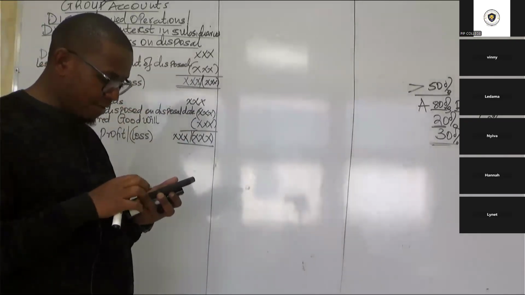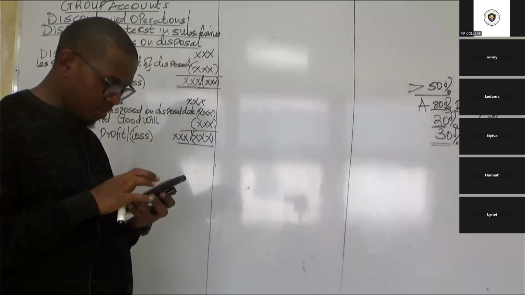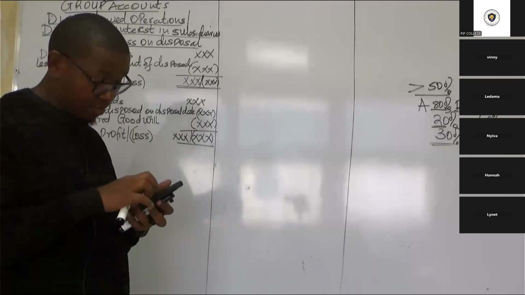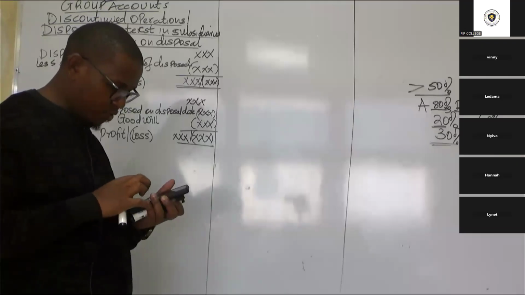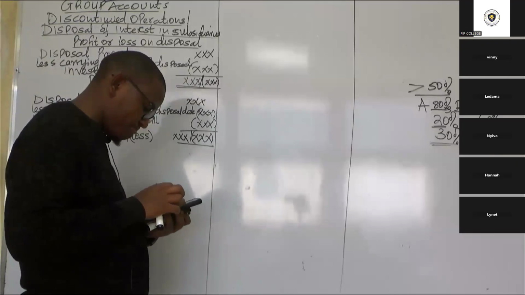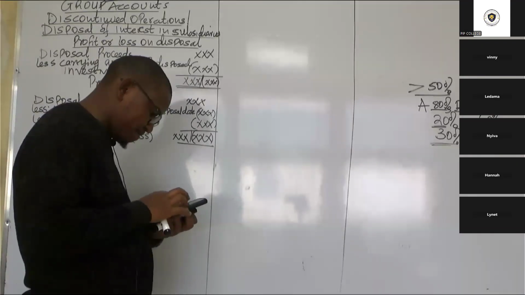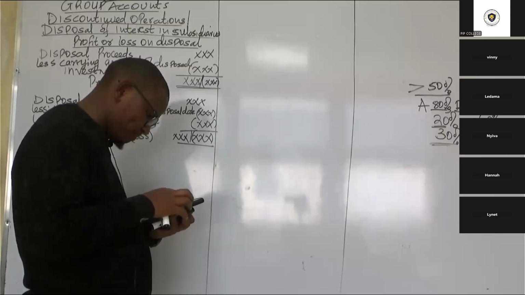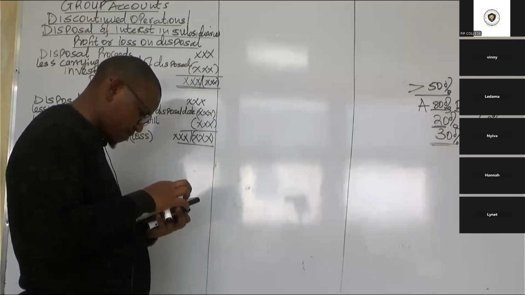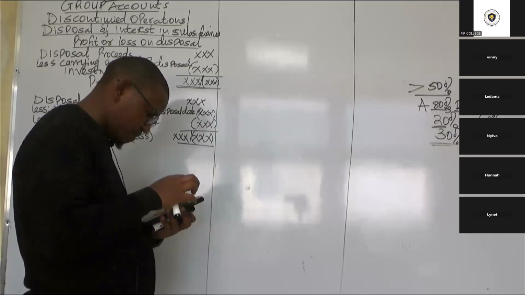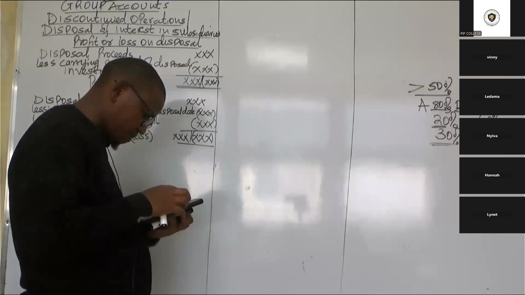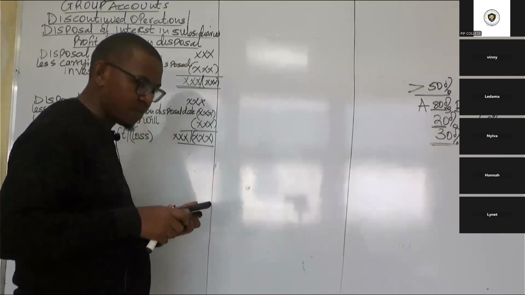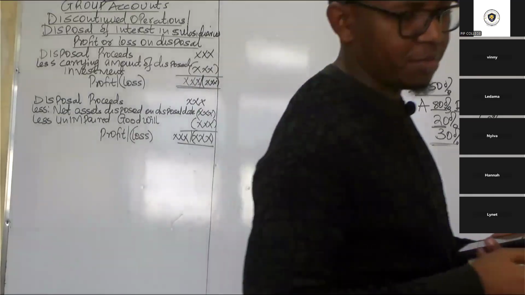With that, we can have an example. Advanced Financial Reporting paper.